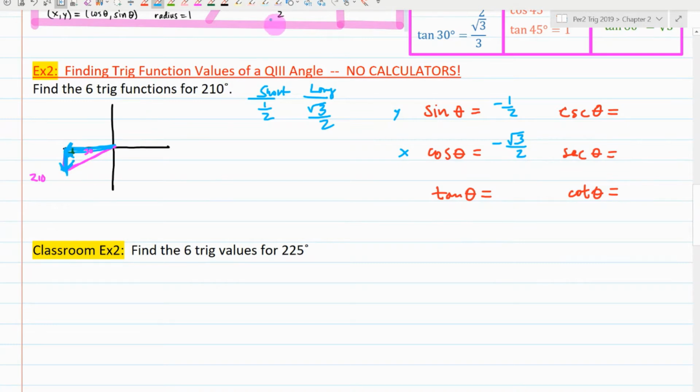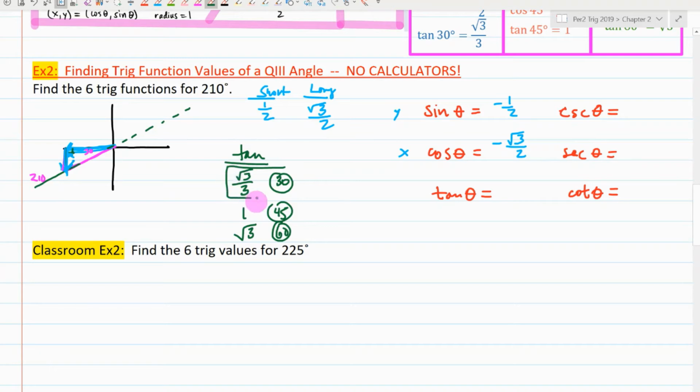Tangent is a slope. The way I would suggest for tangent: the flattest slope, not steep, is the fraction. So tangent has 3 possible values. It's radical 3 over 3 for the 30-degree reference angle, 1 for the 45-degree reference angle, and radical 3 for the 60.